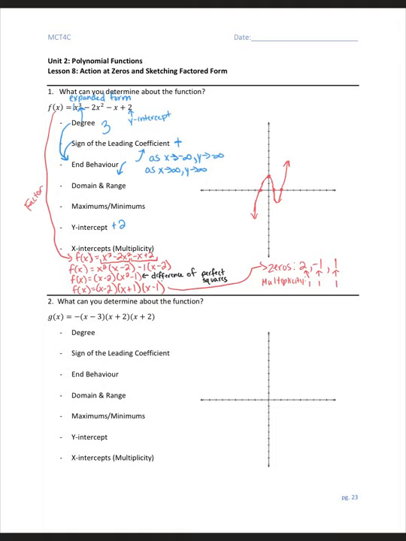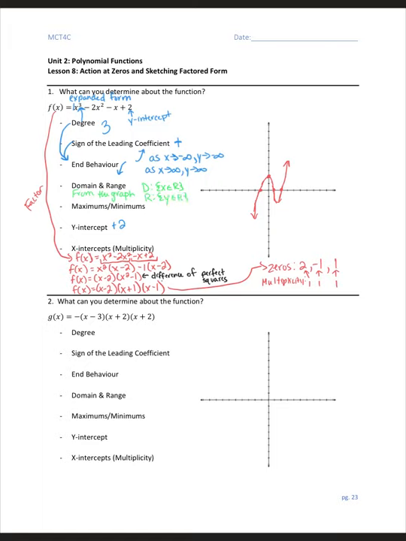Looking at this graph now, we should be able to identify our domain and our range. From the graph, our domain is going to be x for all real numbers, and our range is going to be y for all real numbers.